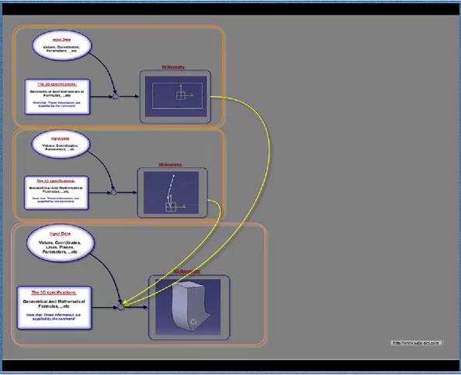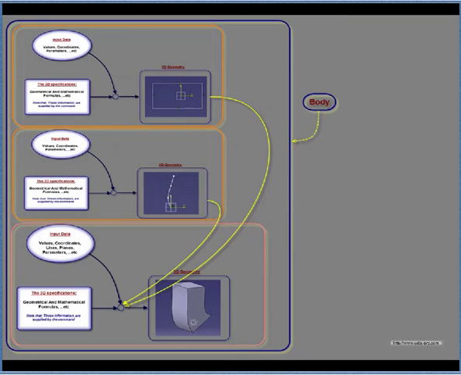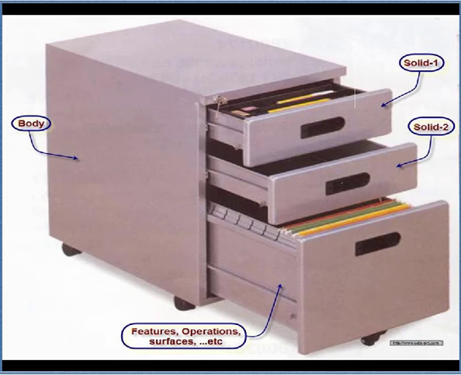Okay then. As you know, in Windows, we normally manage our files by using directories or folders. In this application, similar structures will be used as well. For example, we have bodies, which could contain 2D and 3D elements, and other features and operations.